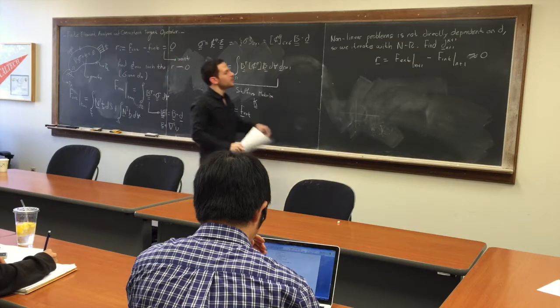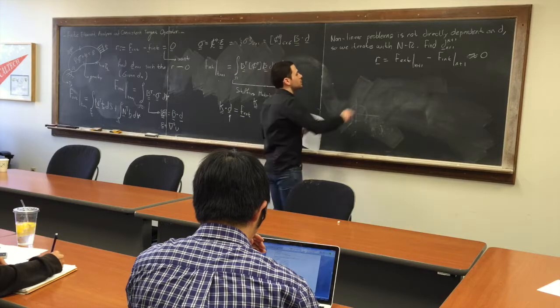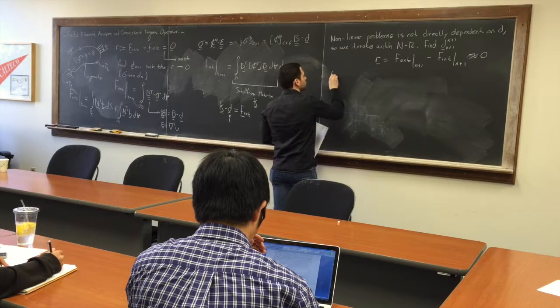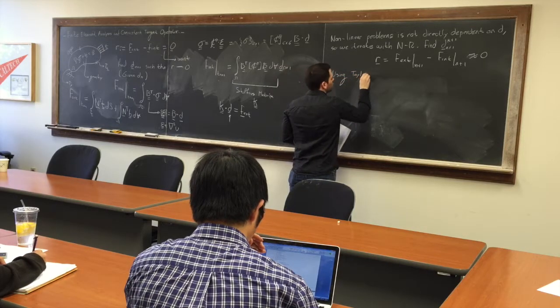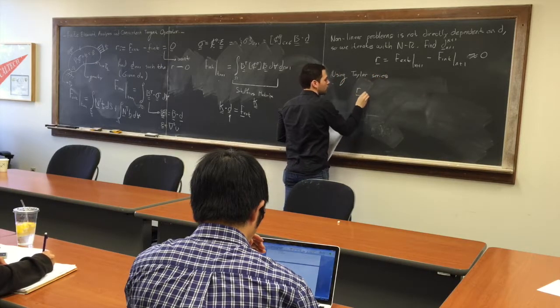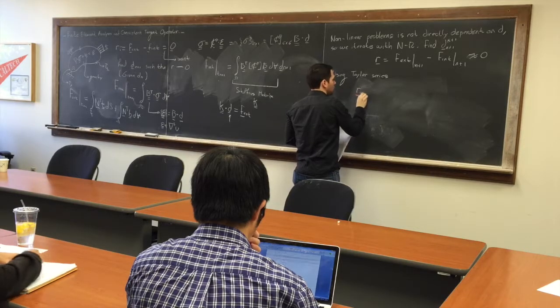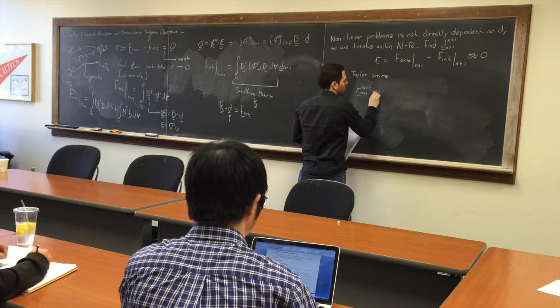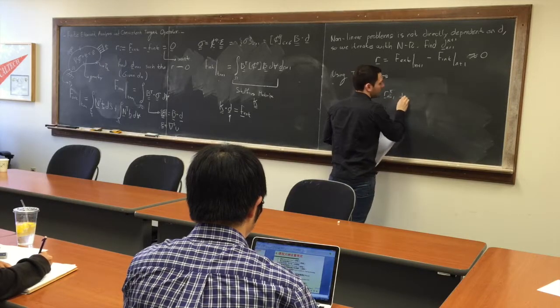And to do that, we can approximate this residual by using a Taylor expansion, right? So the residual at k plus 1 is approximately the residual at k, plus, what do we have here?